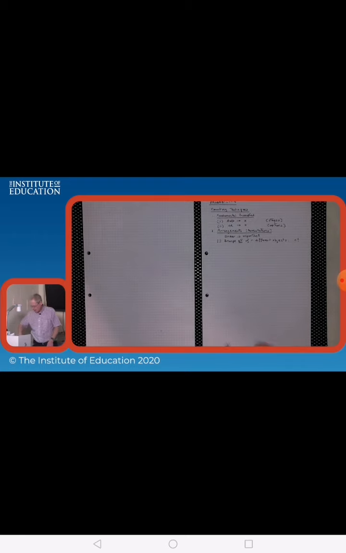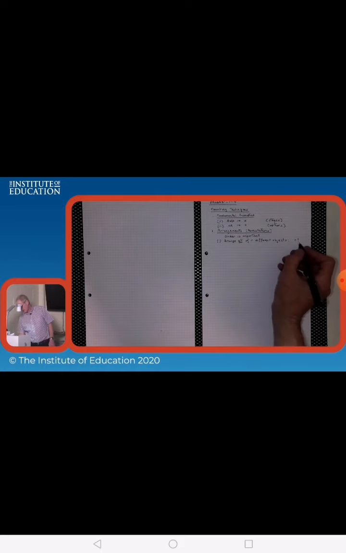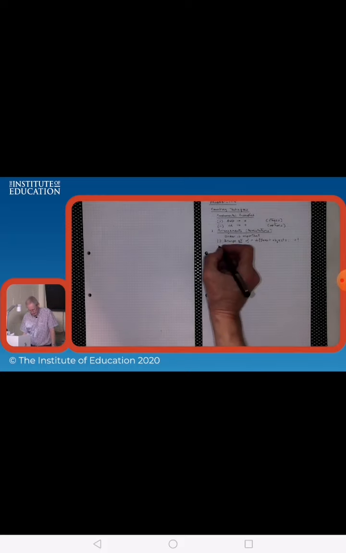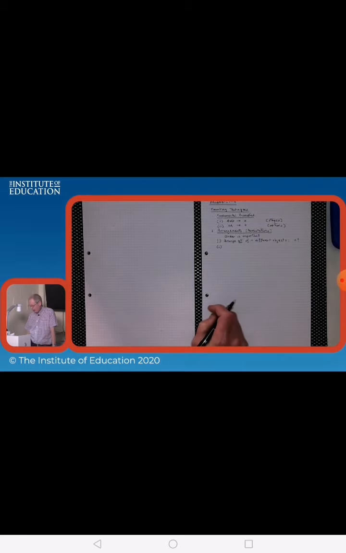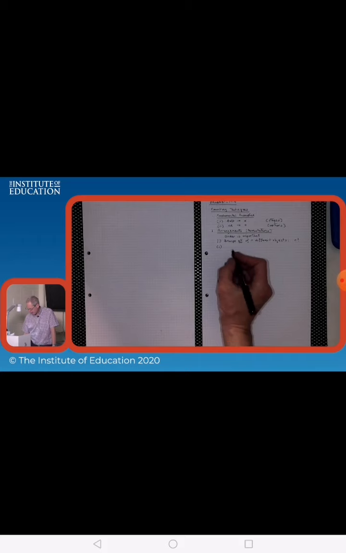So to arrange all of 4 different objects in a row, the number of ways of doing that would be 4 factorial. I'm sure you remember that 4 factorial, for example, is 4 by 3 by 2 by 1, which is 24. But we can work it out on a calculator as well.